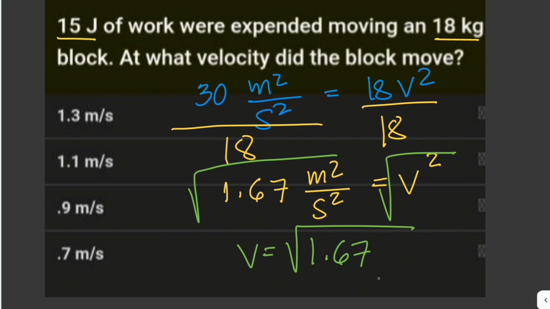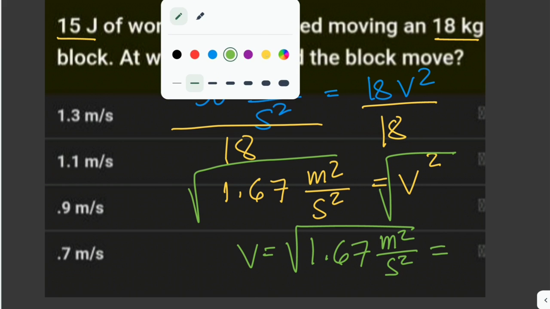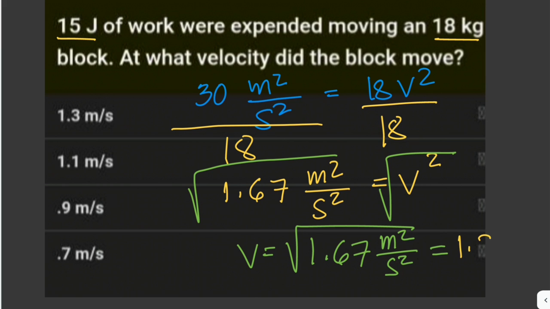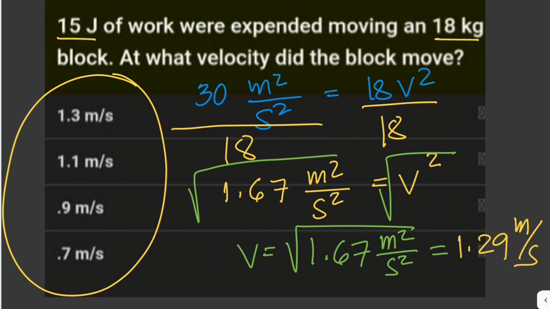Actually, this is 1.667 meters squared per second squared. Then this would give us an answer that is equivalent to 1.29 meters per second. So this is our velocity. But among the choices here, we don't have 1.29. So we can just round this off to approximately 1.3 meters per second.